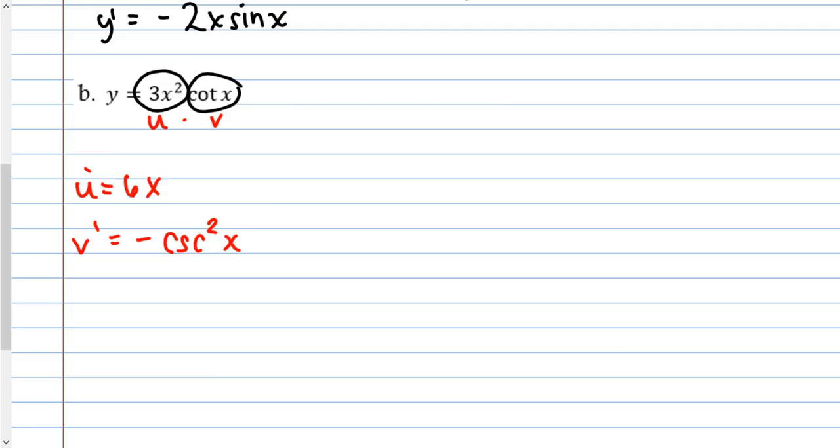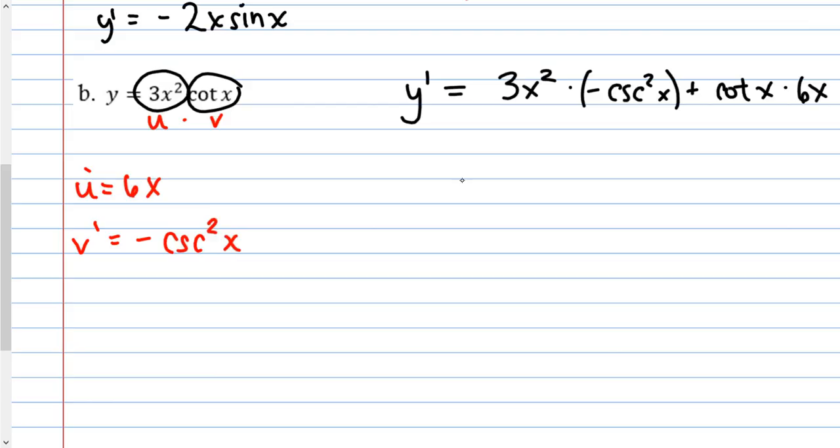Let's do black. So y prime is going to be u, which is 3x squared, times v prime, which is negative cosecant squared x, plus v, which was cotangent x, times u prime, which was 6x. And then simplify this a little.